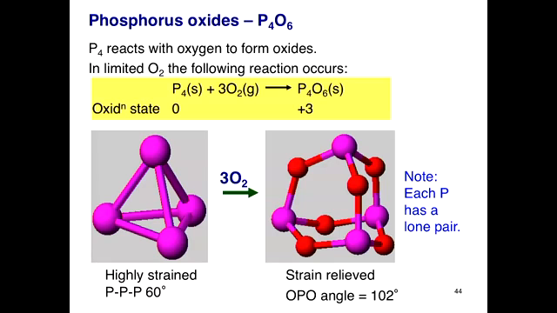Okay, let's look at the oxides that we see here. And this is an interesting reaction. Here's our highly strained P4 molecule. Now, if I combine that with oxygen, and I limit the amount of oxygen, what I can do is form P4O6, and you can see the driving force for that, because what I'm doing is breaking these phosphorus-phosphorus bonds, and I'm relieving the strain in that particular molecule.